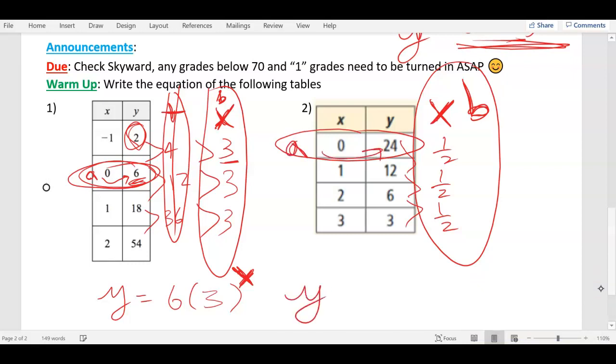So what's my final equation going to be? 24. Now, if you put 1/2 fraction, that's what I'd like. If you put 0.5 as a decimal, that's still technically fine, but put 1/2 and then power of x. All right, 24 times 1/2 to the power of x.